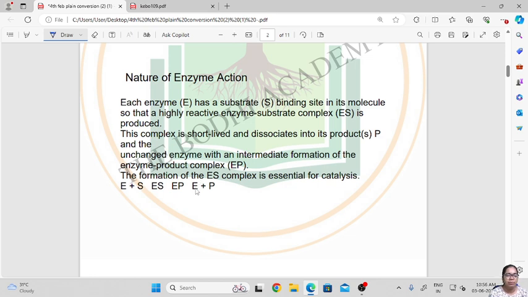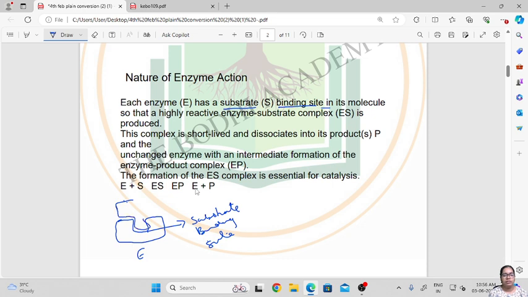If this is an enzyme, see over here, the enzyme has a substrate binding site. If a substrate comes, this is like a lock and this is like a key.